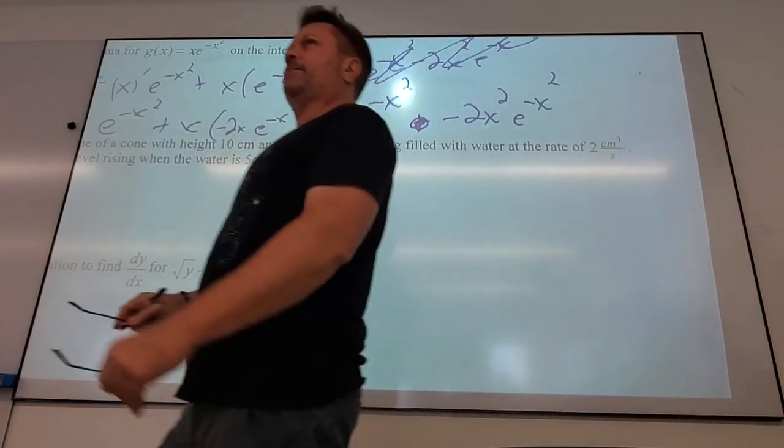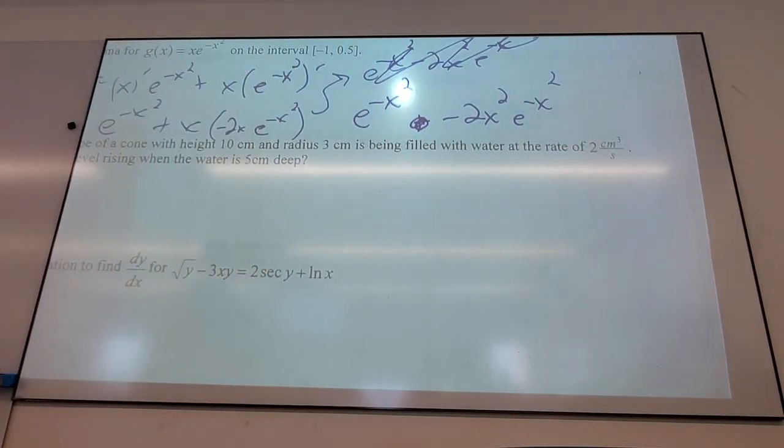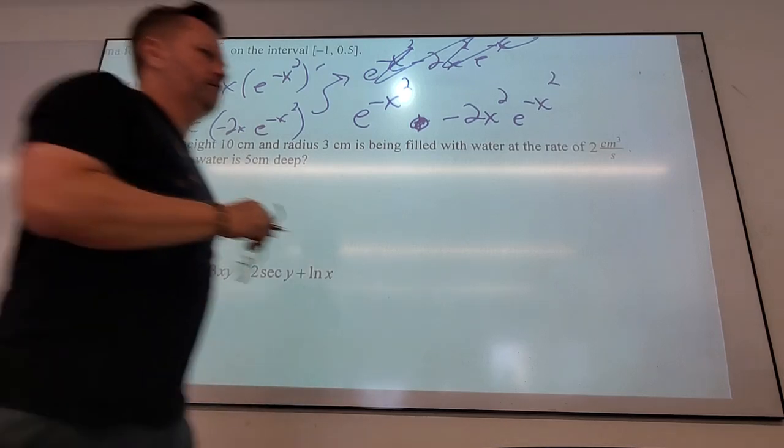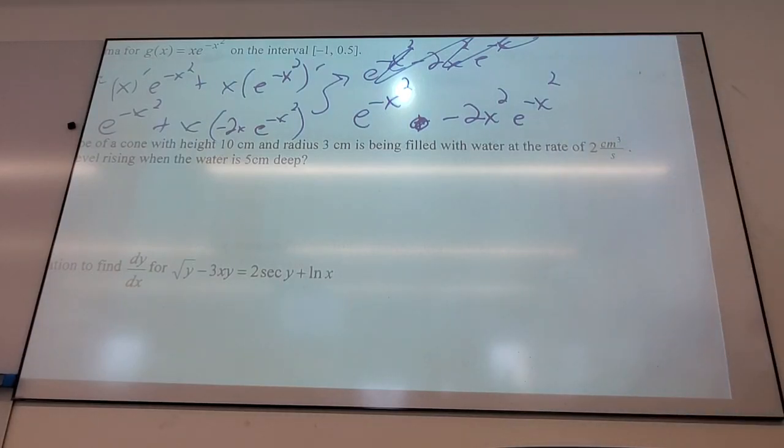No, because e to the power can never be 0. So 1 over e to the power can never be 1 over 0. So there's nothing that makes it undefined. How do I get it equal to 0? Well, I set it equal to 0.